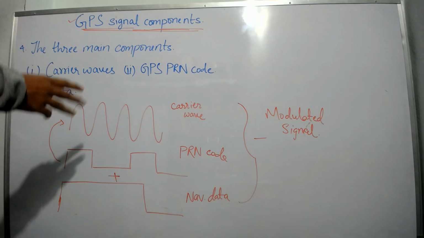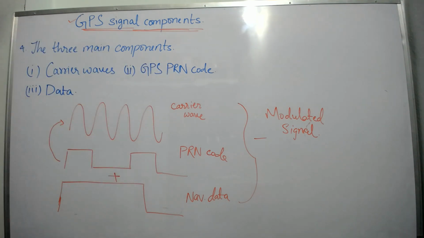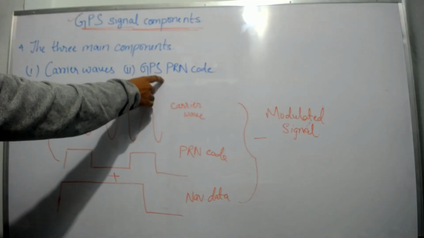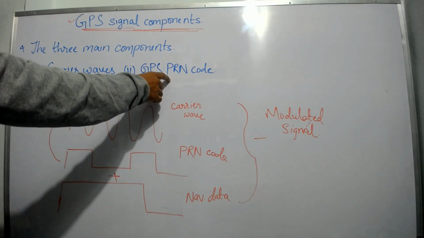So these three components together will give you a modulated signal, where carrier waves are required for safe transmission of the GPS signal from the satellite vehicles to the user. Pseudo-random noise code provides basic identification of the signal.